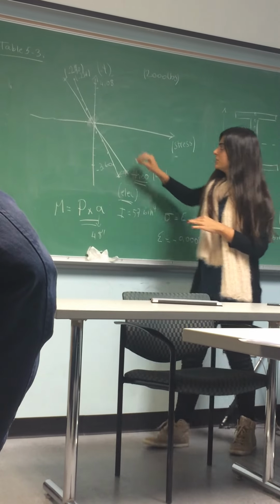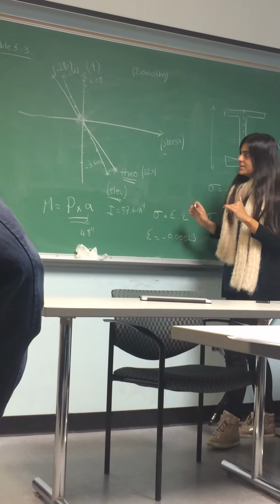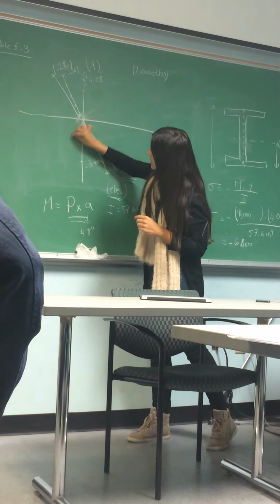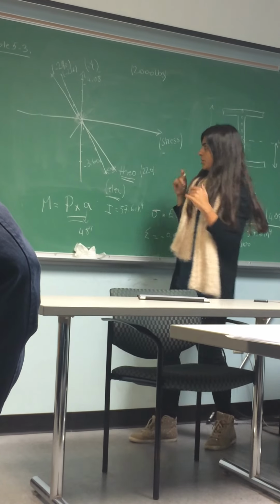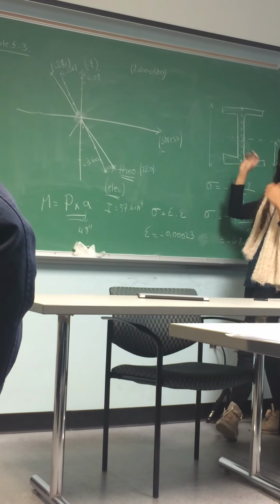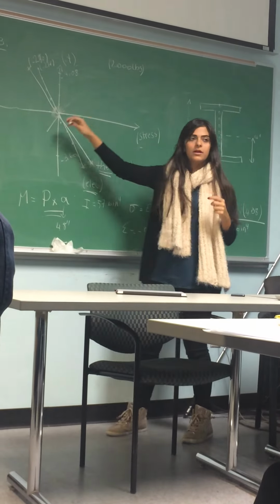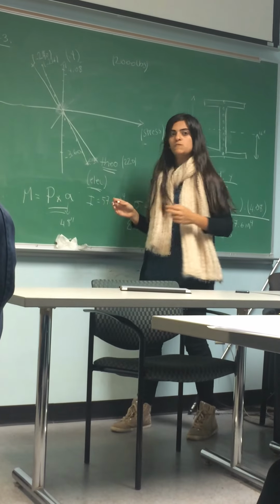At y is equal to 0, this is theoretical. Experimentally, your neutral axis is where you have 0 stress, okay? So, in your lab manuals, you will see that you're required to calculate the location of the neutral axis from this graph. Now, do you know how to obtain it, like visually?